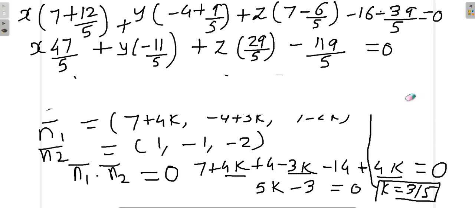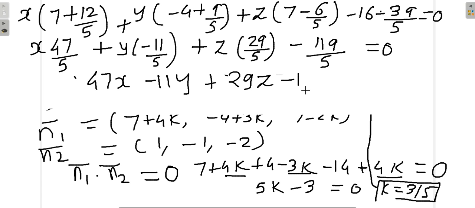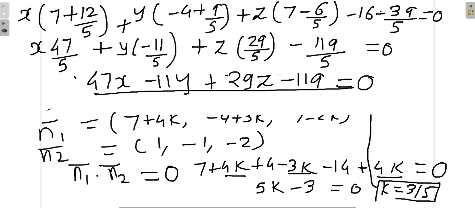Anyway, it is not important. What is important is how to do the procedure. So once you get k equal to 3 by 5, the rest is easy. And this is your final answer. I think that's pretty simple.